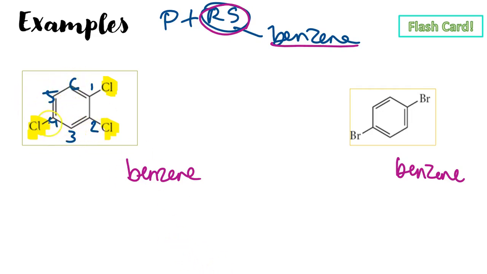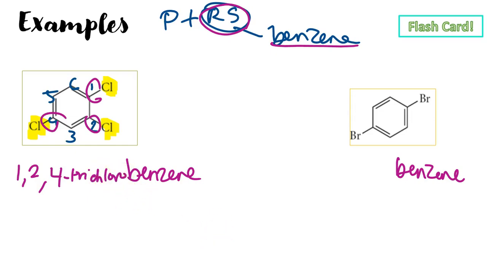You could have started 1, 2, 3, and then 4 and had a 1, 3, 4 chloro. But again, the question becomes, can I get the lowest number? Those aren't the lowest numbers. So the way I just numbered it will give me the lowest numbers, 1, 2, and 4 versus 1, 3, and 4.